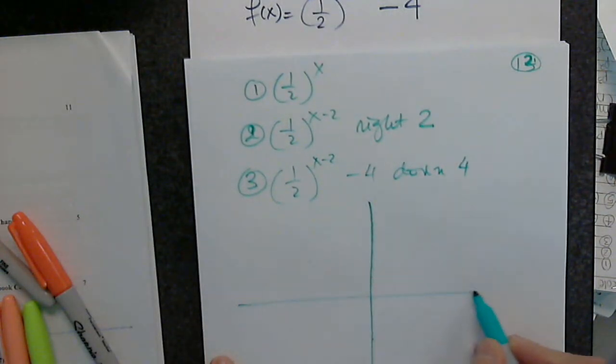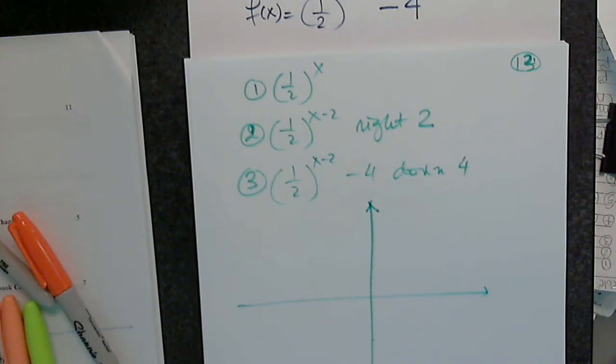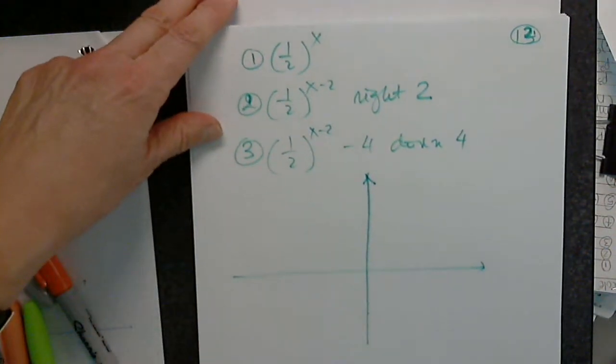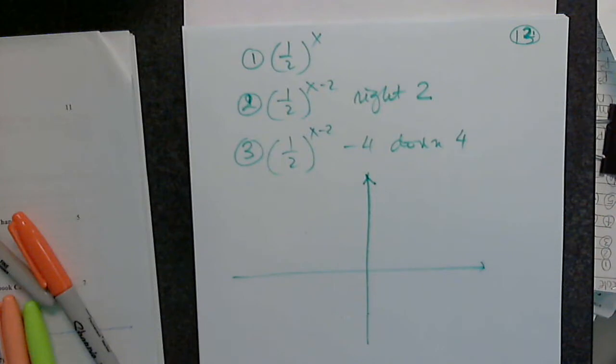I will graph 1/2 to the x. When I graph a function with asymptotes, I have to graph the asymptotes first. What asymptote does 1/2 to the x have? Does it have a vertical asymptote? Horizontal. Right. It can never have a vertical asymptote because it's defined everywhere.